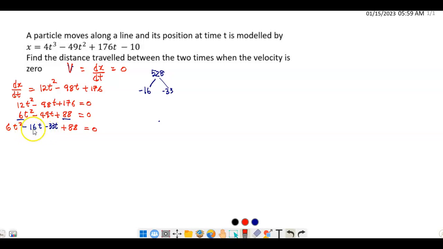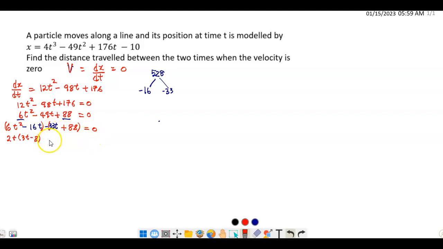If you notice, this is still minus 49t. We're going to insert some brackets in this, and then we can factorize it by finding the common factors. In the first bracket, the common factor is going to be 2t, so we get 2t(3t minus 8).